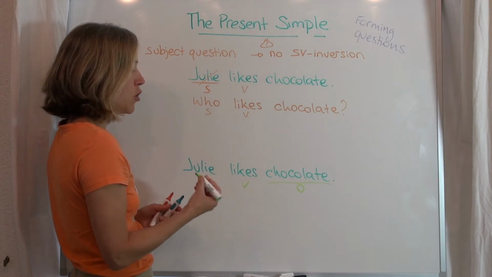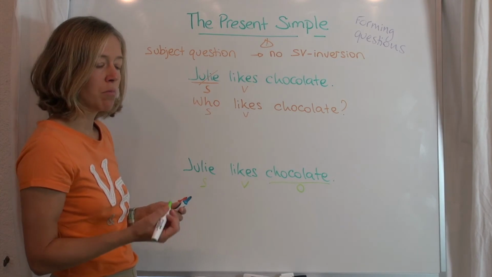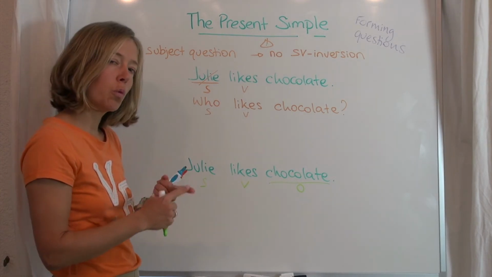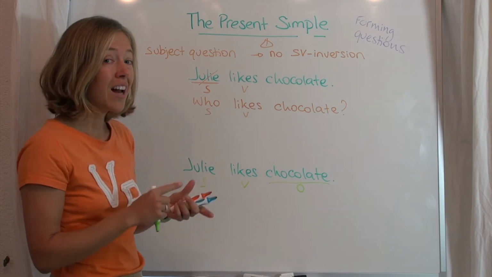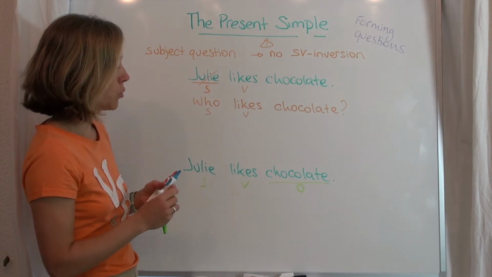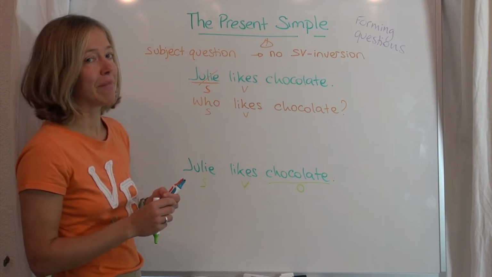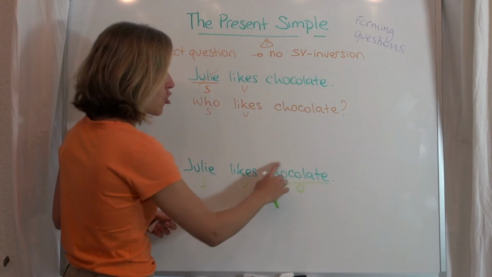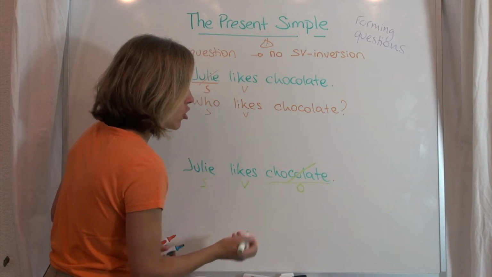So what WH word would be good for chocolate? Remember we saw WH words? Where, why, who, what, how? Which one would be good? I hope you found it. For chocolate, it's what. So imagine we don't know chocolate.